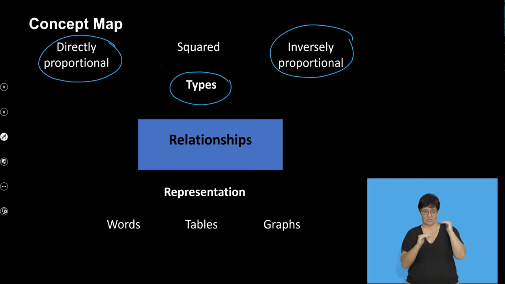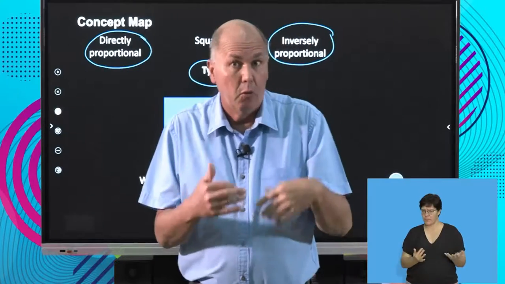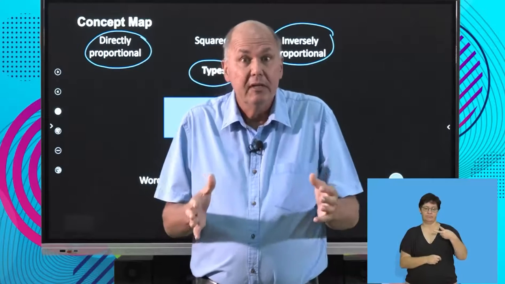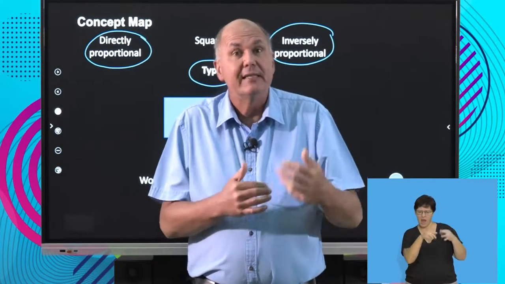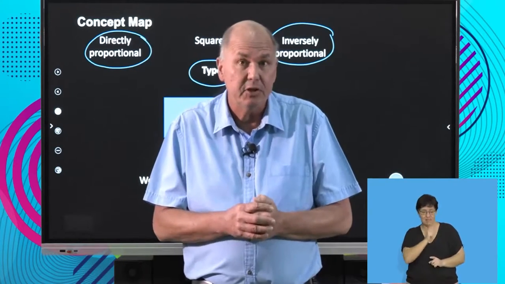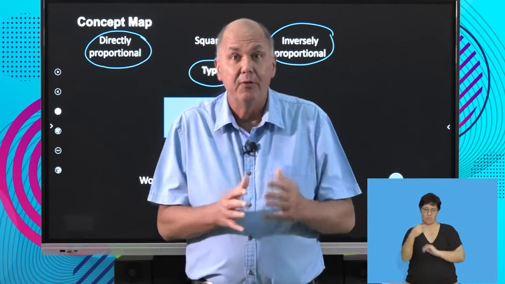There's also a squared relationship. We'll look at different ways to represent these relationships. We can use words to represent the relationship. We can use a table, and we can analyze the data within the table to try and see if we can see a pattern. The pattern will tell us if there's a relationship. And then, of course, the most important thing is to look at a graph of the relationships.